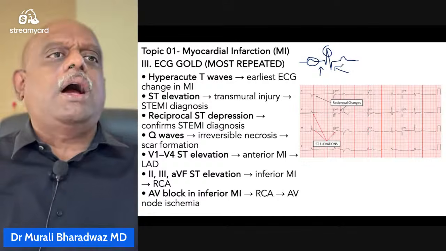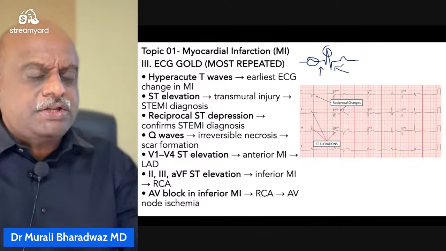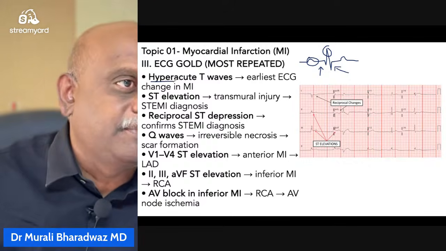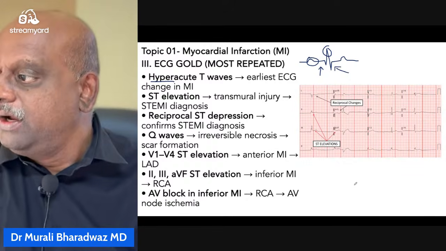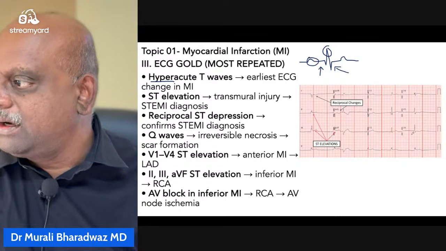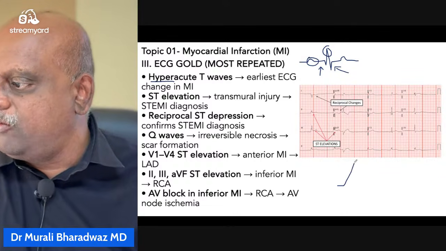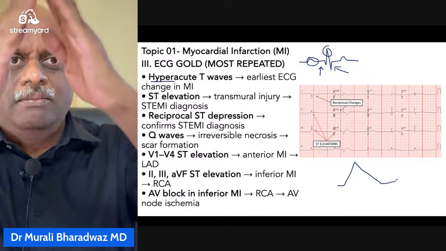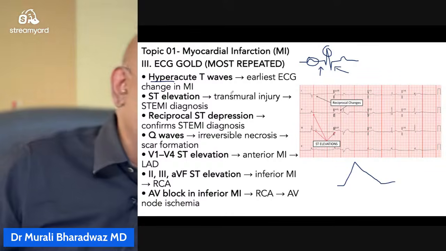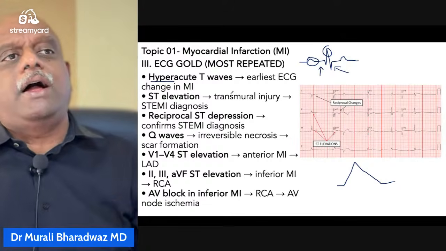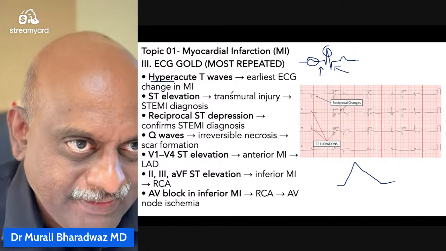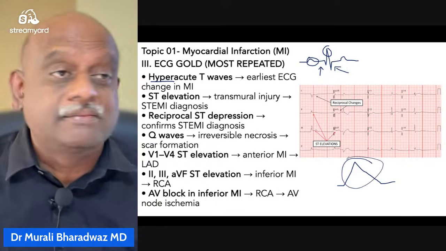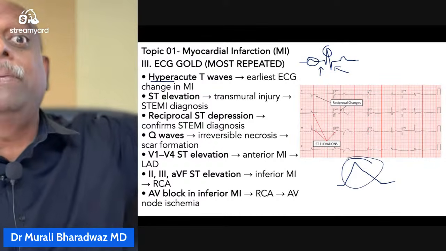So whenever myocardial infarction is there, the first change to happen is hyperacute T waves. What do you mean by hyperacute T waves? Typically, the T wave becomes tall. That is called hyperacute T wave. The earliest ECG change in MI is what you need to remember. There is one more condition where a tall T wave will appear, that is when the patient has hyperkalemia.